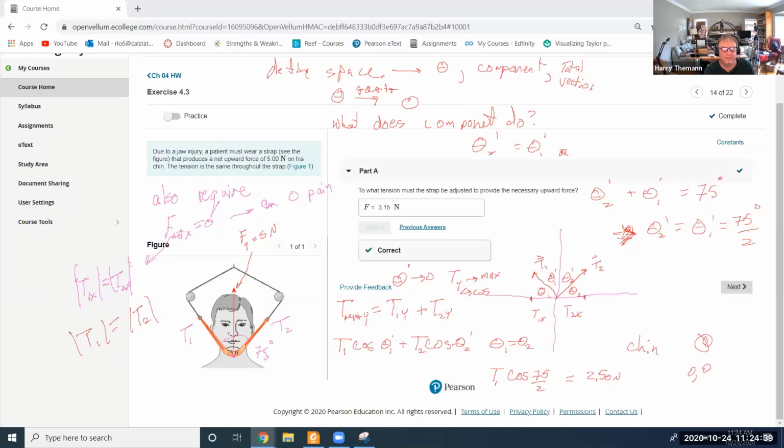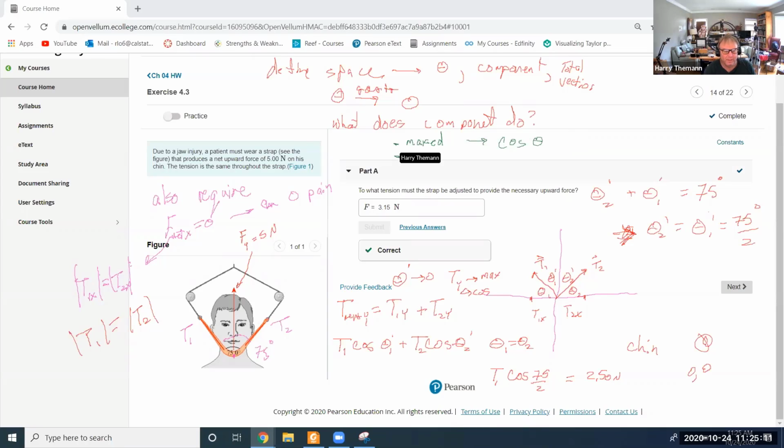I just need a new color, because I see this is encroaching. All right. So what does the component do? If the component is maxed, then we need a cosine of theta.